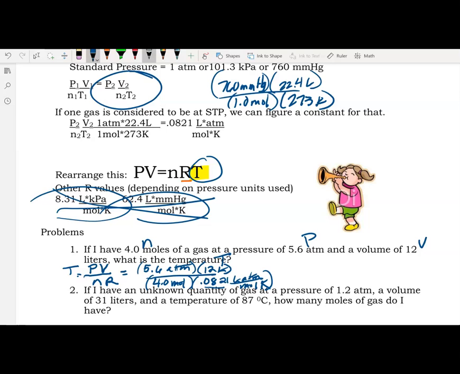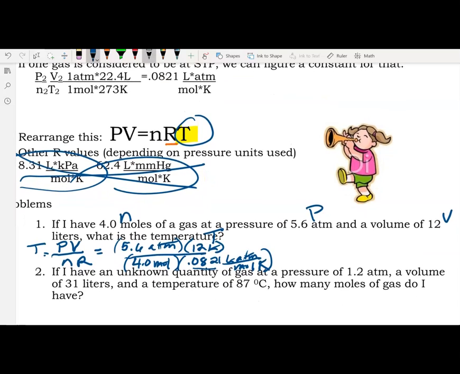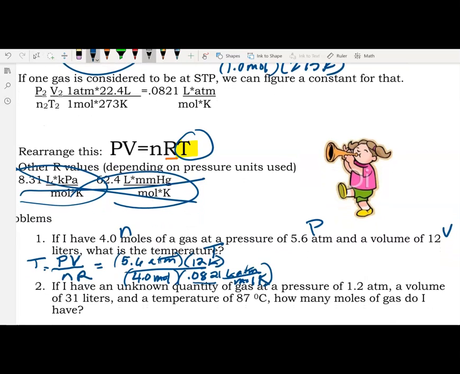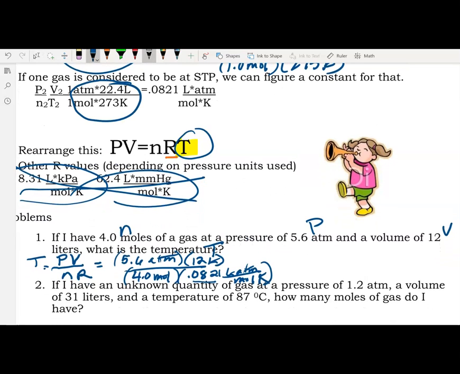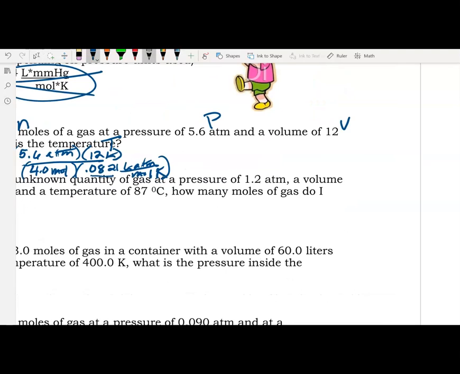I'm confused on why we didn't just use the 273 Kelvin instead of the 0.0821? Because 0.0821 comes from putting those together. You could do that. You could go 5.6 atm times 12 liters equals 4 moles times R, and R is PV over nT.